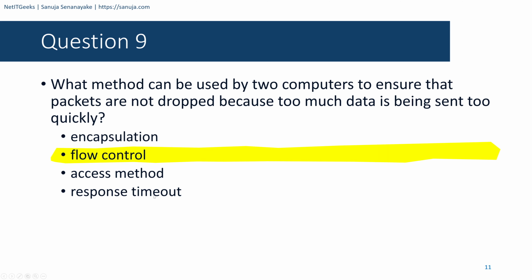Response timeout is a similar one, but it is basically when the device doesn't have the information it needs, it times out, but it doesn't actually fix the problem of too much data being sent too quickly. What will fix this issue is the flow control mechanism. So that's the answer to question number 9.